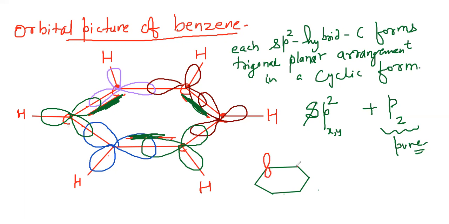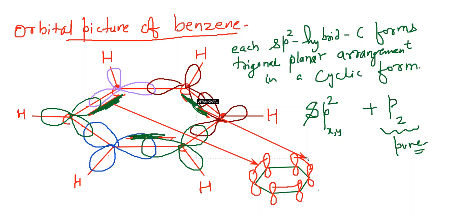Above the plane, below the plane, on each carbon. Now these and these can incline and overlap. If it does so, then this pi bond will be formed due to this lateral overlapping, and this pi bond, and this pi bond, are formed due to lateral overlapping.